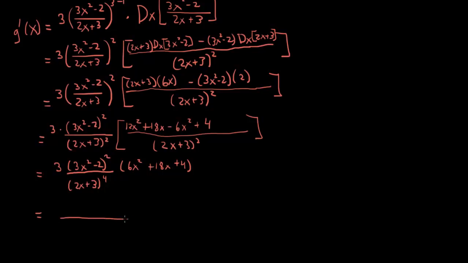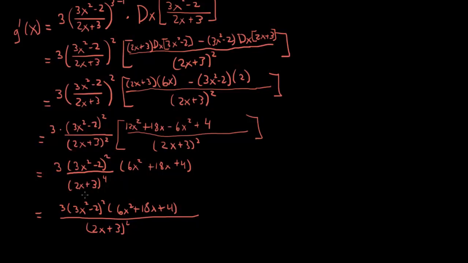I could say it's 3 times 3x squared minus 2 squared times 6x squared plus 18x plus 4 over 2x plus 3 to the 4th power.